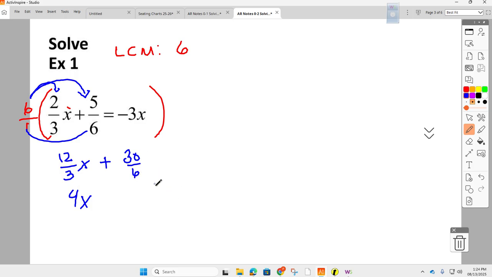So once again, I'm trying to get rid of a fraction, and yet I just wrote a fraction. But what is 30 divided by 6? Right, so let's go ahead and bring that down, plus 5 equals. And I have to multiply everything on the other side of the equal sign. So I'm going to go 6 times negative 3 is negative 18. That's x, and I don't have to do anything with that. I'm just going to go ahead and bring that down.